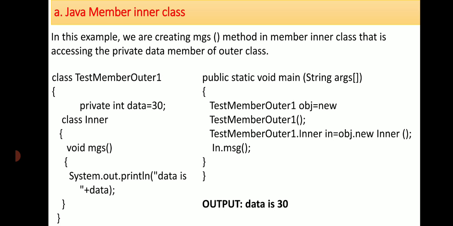Then we create an object, like in, using the object of the outer class: the outer object dot new Inner. Then with in as the object, we can access the method of this inner class. Then you'll get the output as data is 30. So this is about the Java member inner class.